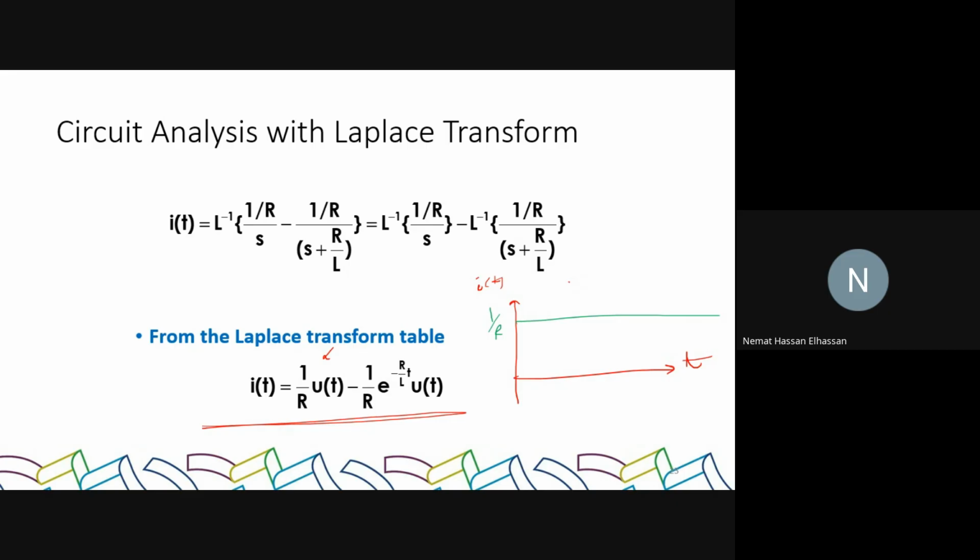And the second term is 1 over R times the decaying exponential, right? Which basically looks like this. So this is 1 over R e to the power minus R over L t, right?